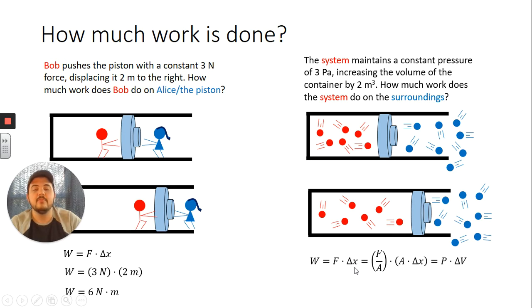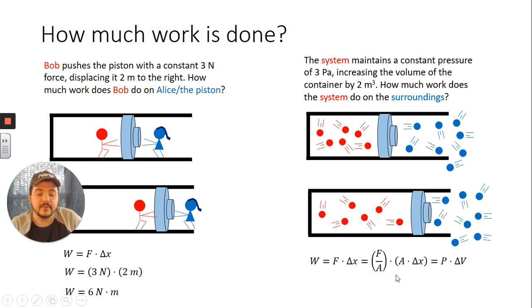What we're going to do is multiply by a clever form of 1. We're going to multiply by area over area, the area being the cross-sectional area of this cylinder. So if we divide force by area and multiply displacement by area, hopefully we can see that this expression is mathematically equivalent to force times displacement.